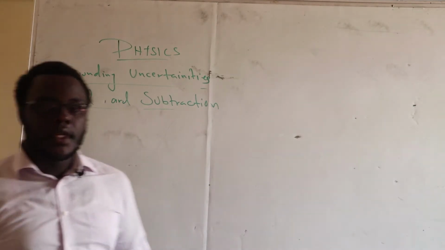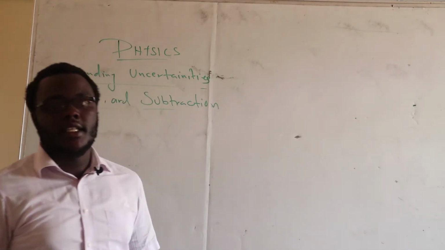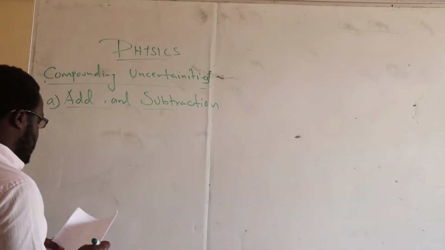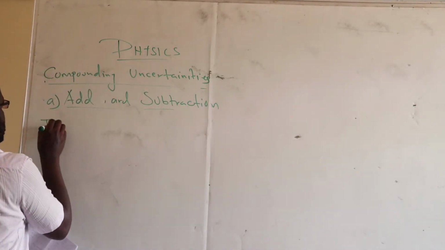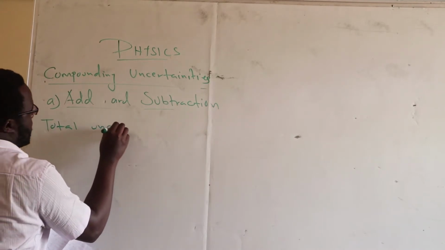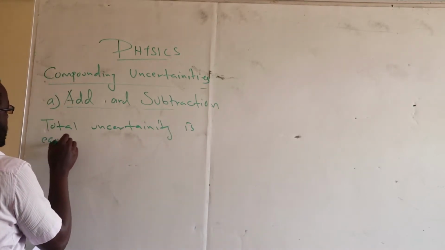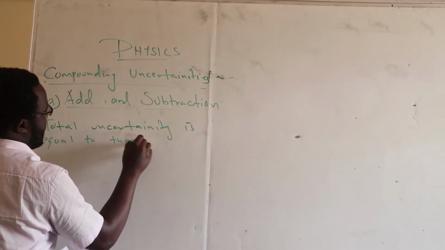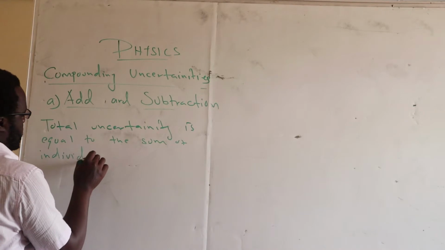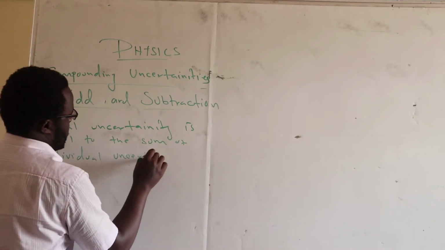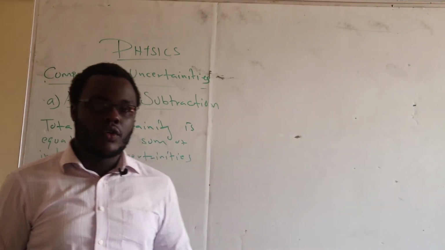Addition and subtraction. If two or more quantities are being added or subtracted, how do we handle the uncertainty? We say this: the total error or the total uncertainty is equal to the sum of individual uncertainties, regardless of whether it was an addition or a subtraction.